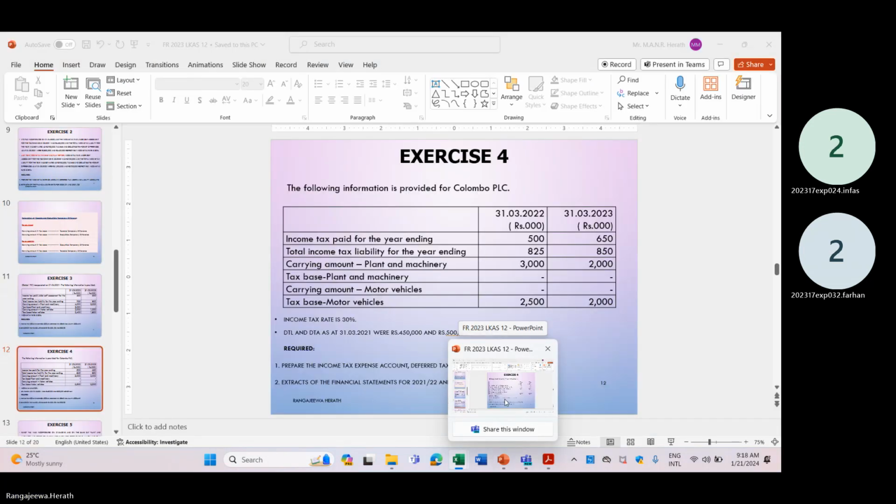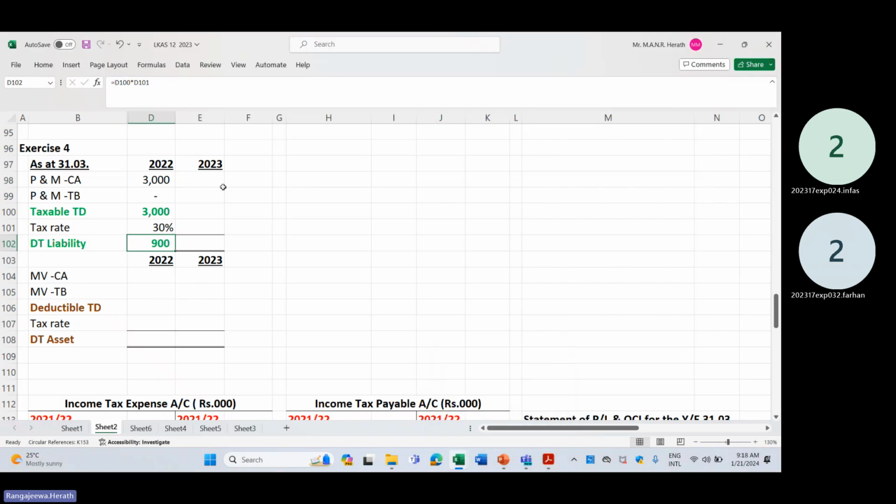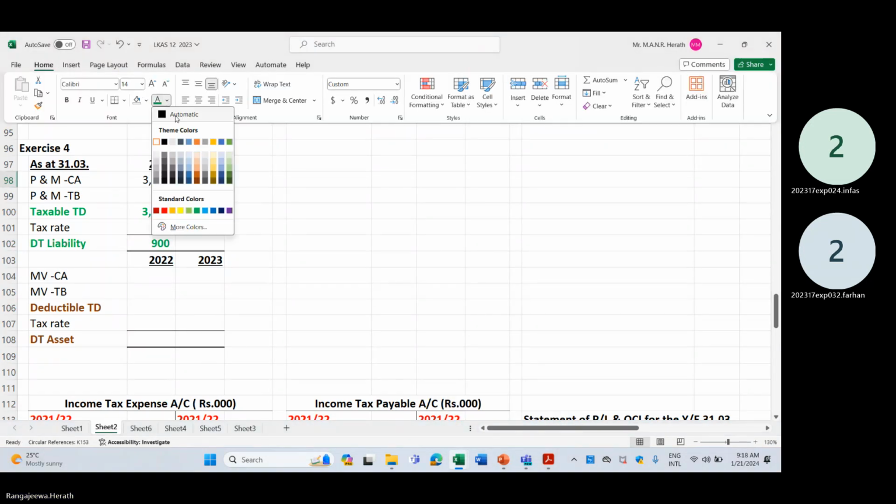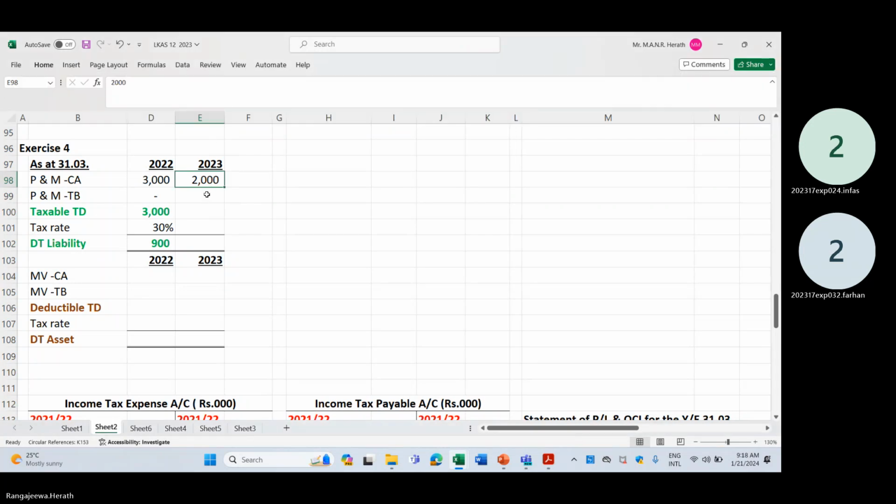Second year, the carrying amount reduced to 2,000. Tax base 0.